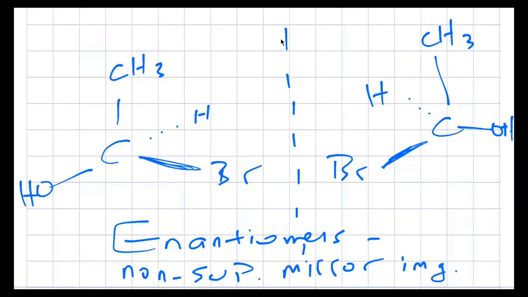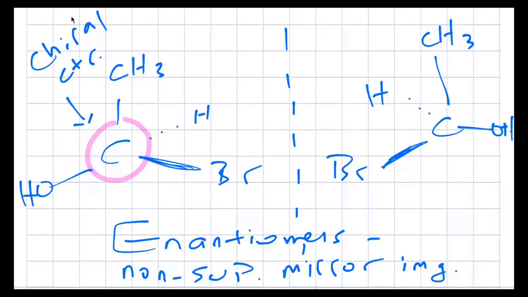Right, so enantiomers are non-superimposable mirror images, right? They have 4 different substituents. So this carbon right here, this is what we would call a chiral center. In some textbooks, when you read it, you'll see it called a stereo center.